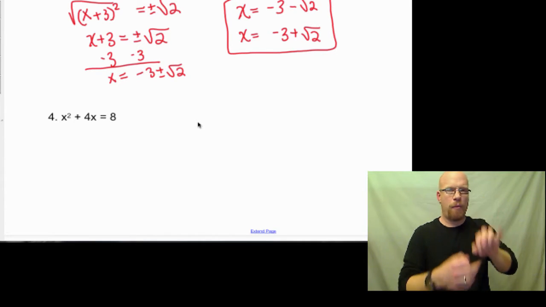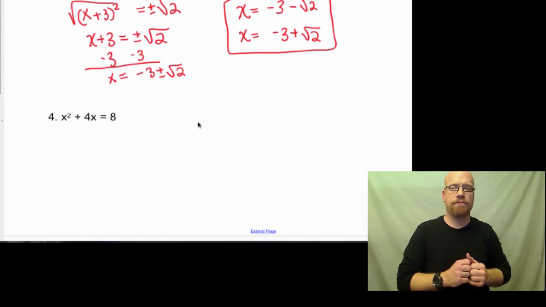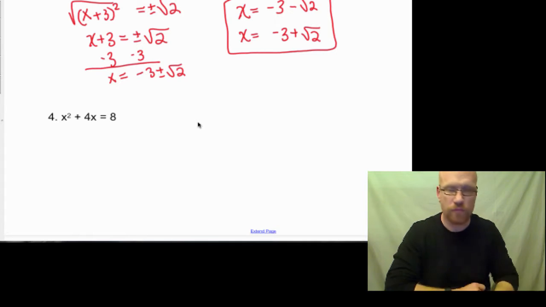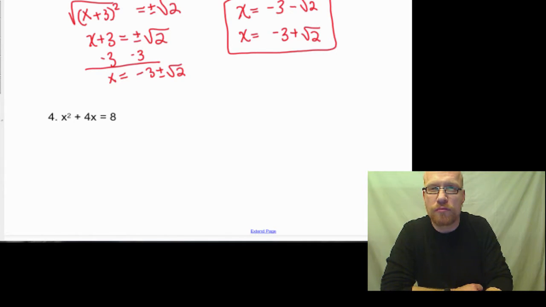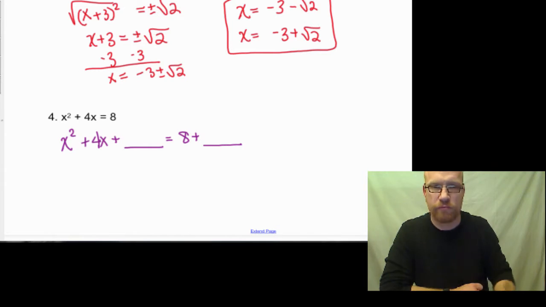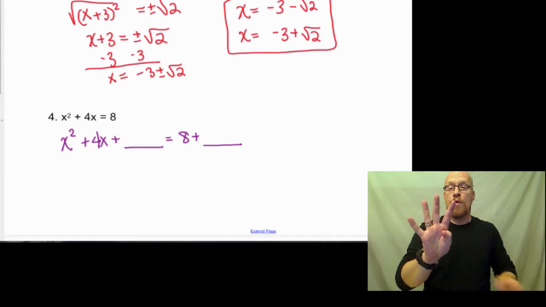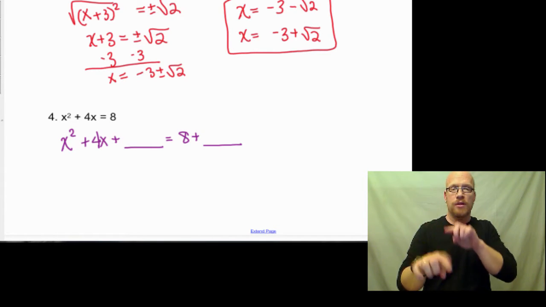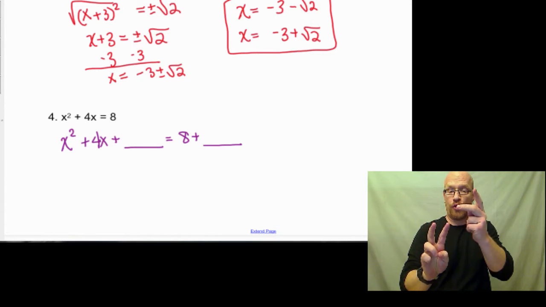I'm not going to subtract 8 from both sides. 8 wouldn't make it a perfect square. So watch what happens. Four divided by 2, the answer is 2. 2 squared is 4.